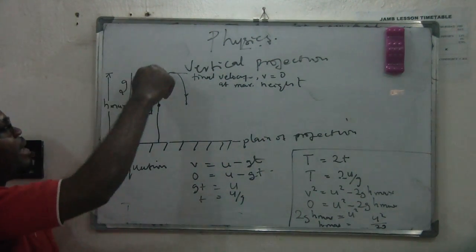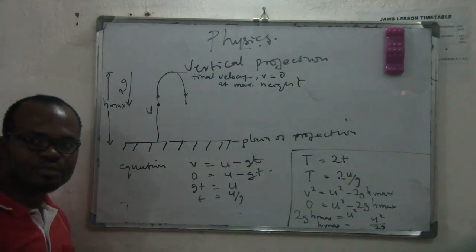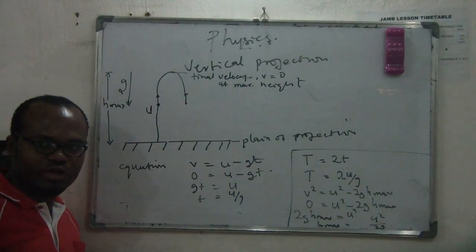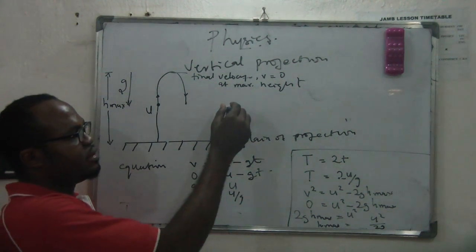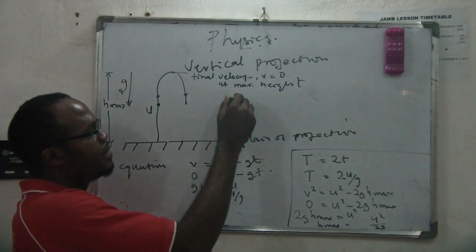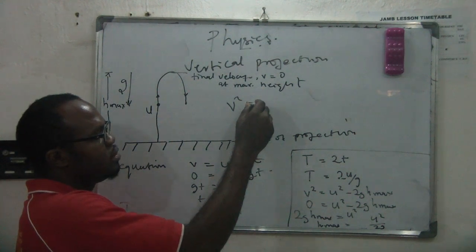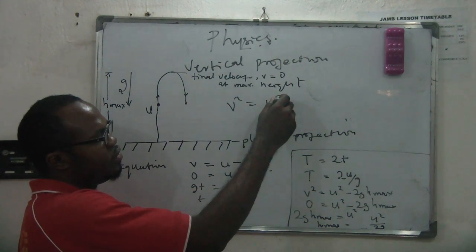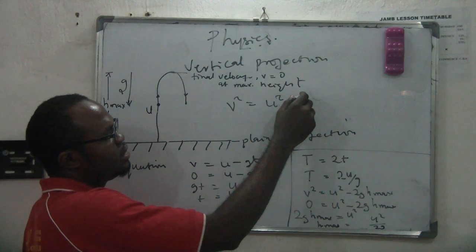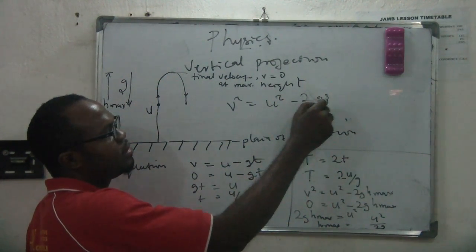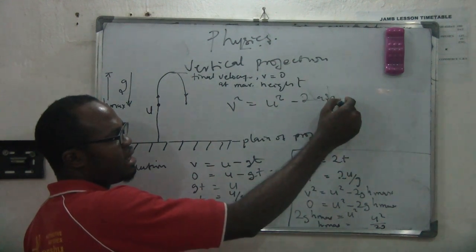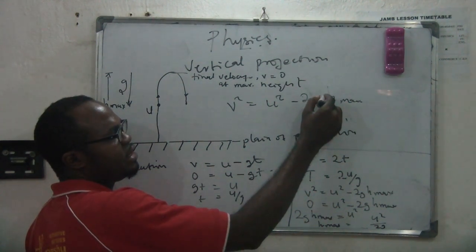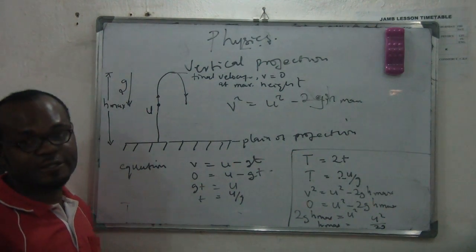Now, how do we get the maximum height? We use the second equation of motion. And that second equation of motion says that what? V squared is equal to u squared minus 2as. But if it is vertical motion, we call it h max, and this a changes to g, isn't it?